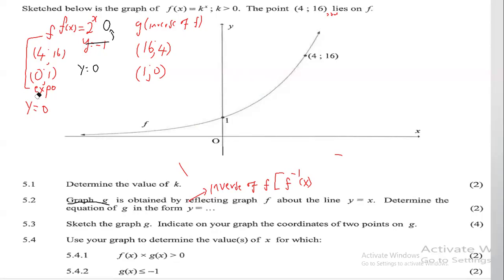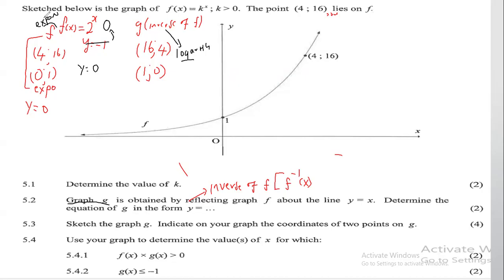Okay. Now, if the exponential function has the y asymptote, it means its inverse will have the x asymptote. The inverse of the exponential is a logarithm. So f of x is the exponential, and g, the inverse of f, is a logarithm graph.